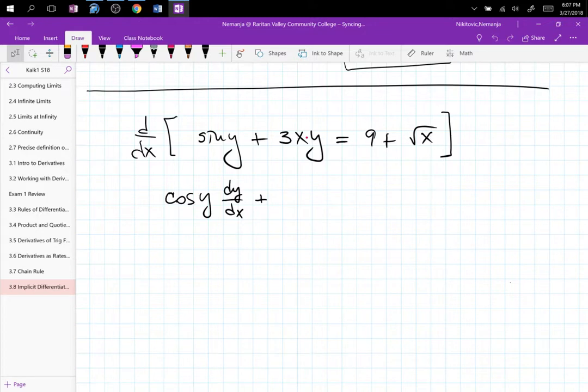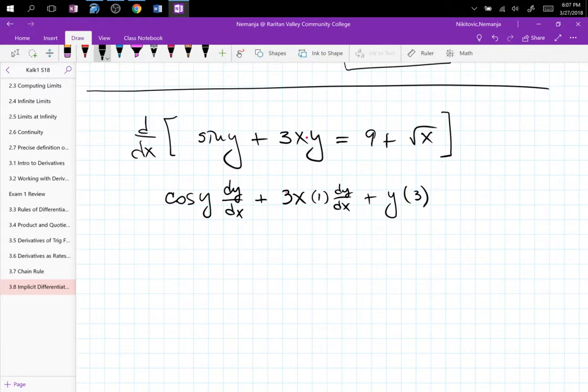All right, time is up. Copy the first, which is 3x, times the derivative of the second. The derivative of y is 1 times dy dx because we took the derivative of y. Plus copy the second, which is y, times the derivative of the first, which is the derivative of 3x, which is 3.